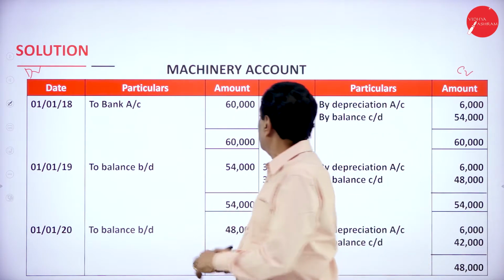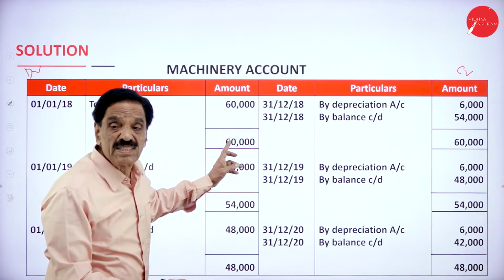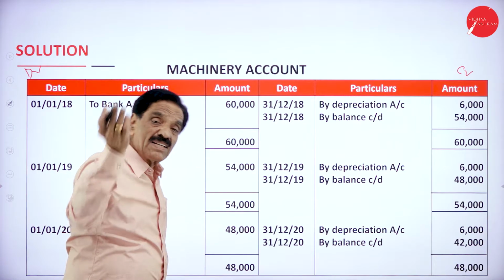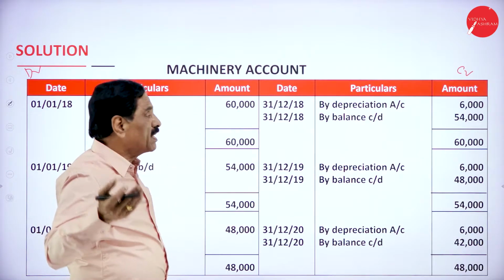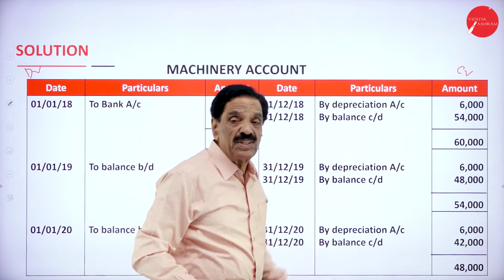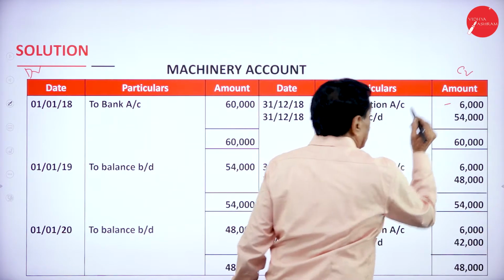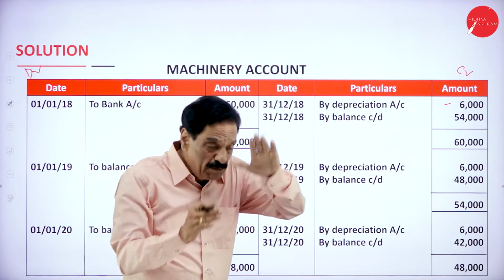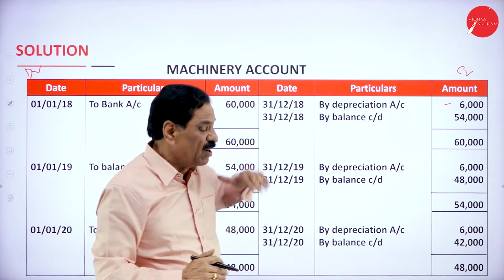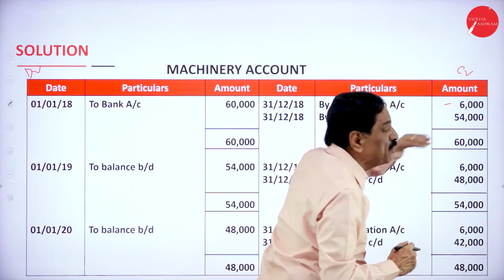You can write. What is the value? 60,000. At the end of the year, the value has come down by depreciation of 10%. 10% of 60,000 is 6,000. It has come down by 6,000.